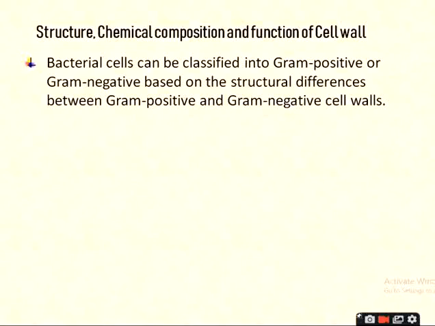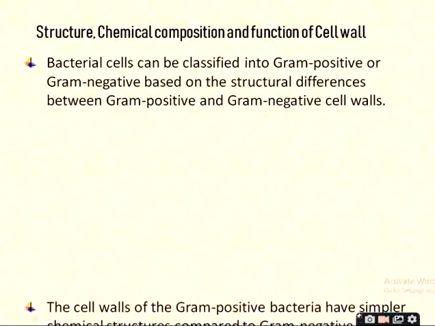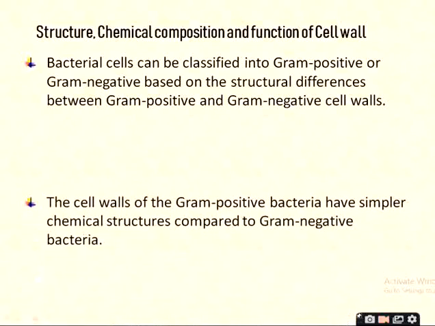And this coloring of the cell wall is different. The gram positive bacterial cell wall takes the violet color, and gram negative bacteria take the pink color. It is due to the differences in the chemical composition of the cell wall of these bacteria, and based upon this gram staining technique, the whole population of bacteria is classified into two groups.